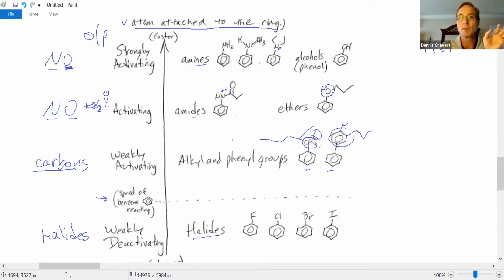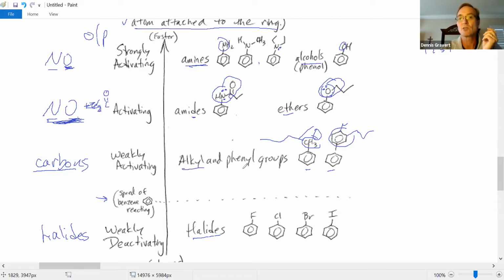The O over here means you have an alcohol, just an O with an H. The second NO stands for amide, where you have a C double bond O on that nitrogen, so that makes it an amide. Or your oxygen has some carbons on it to make it an ether. No, carbons, halides. No stands for amines, alcohols, this N and that O. This no stands for the amide and the ether.